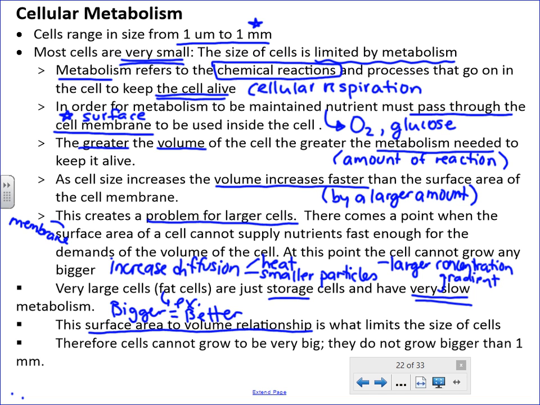The bigger the number, the bigger the surface to volume ratio. So it's desirable, for example, to have a ratio of 5 to 1 compared to a ratio of 0.2 to 1. So the bigger that first number is, the better the ratio is. This is the reason that cells can't be very big, the reason that a millimeter is about the maximum.